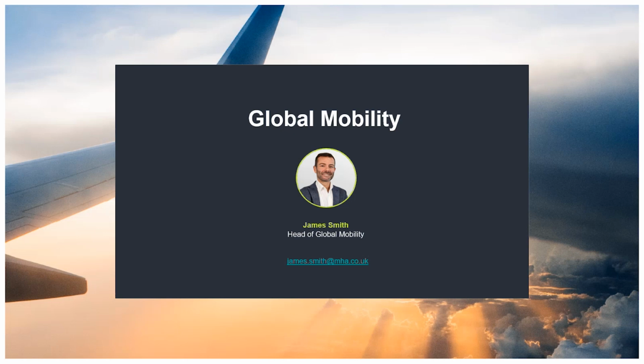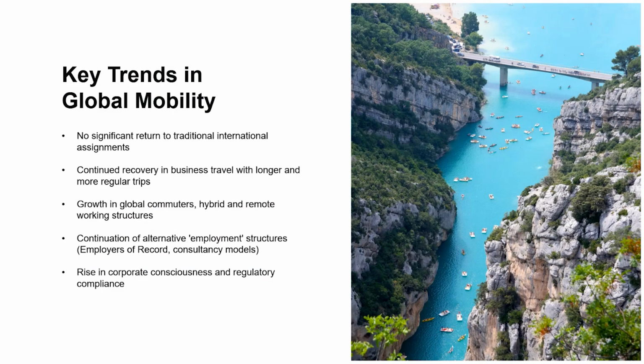So I guess just to start with, to think about some of the key trends in global mobility that we've seen in the last few years. Chris just mentioned there, COVID, post-COVID world, we still say that word, but we are definitely there. Thinking pre-COVID, global mobility was very much about the traditional long international assignment, someone going for 2 or 3 years, or a permanent relocation.